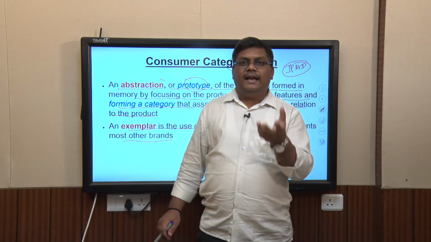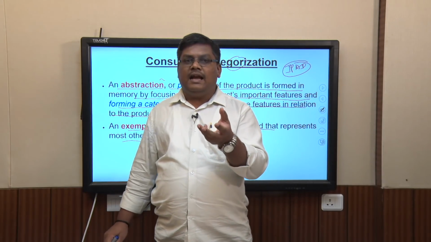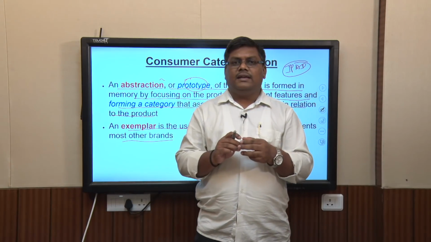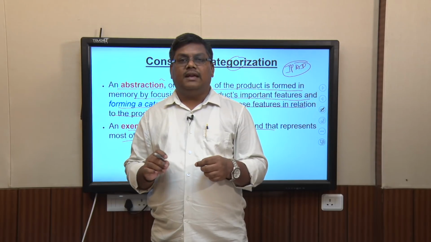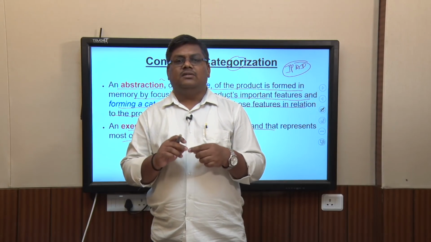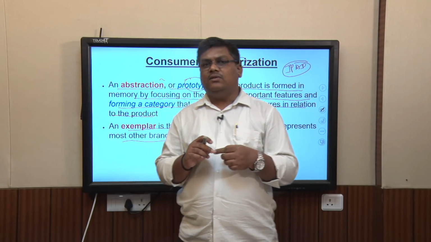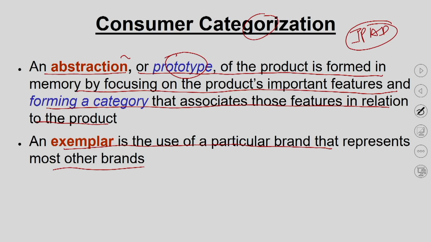So I will remember an example of the category, and based on that I will do the categorization. That process used by the consumer is called the exemplar method of categorization.